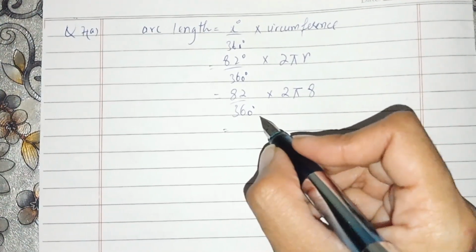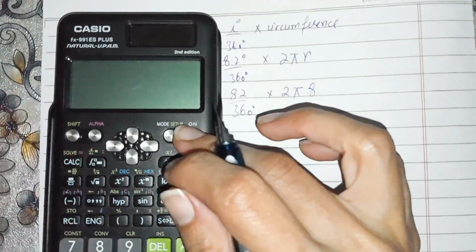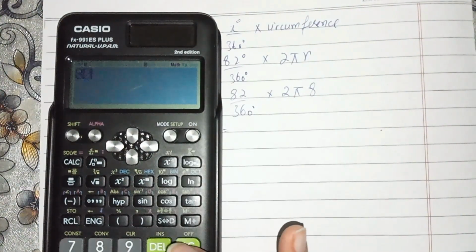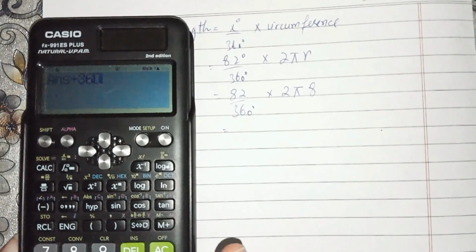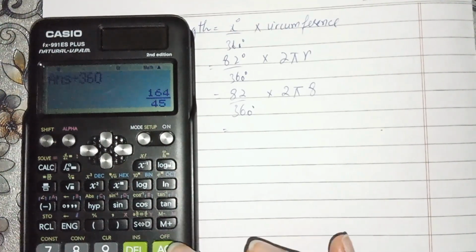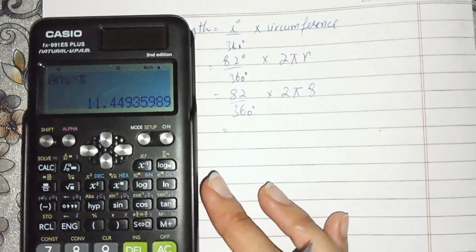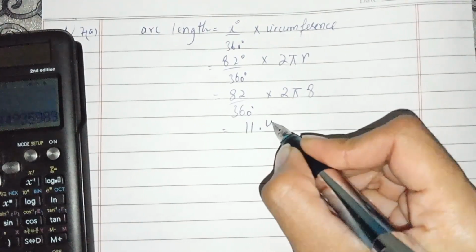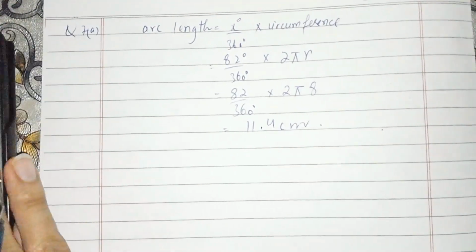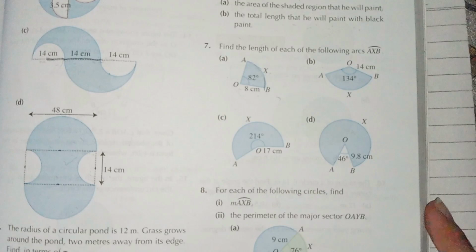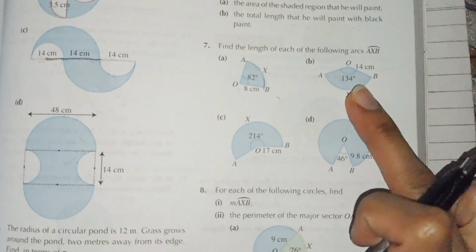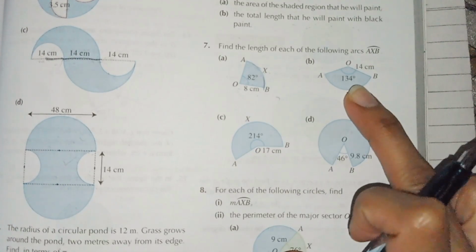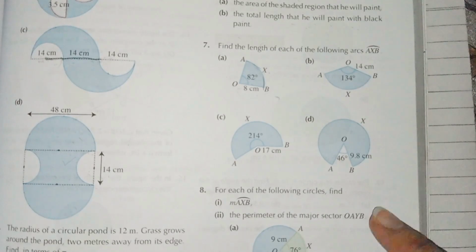Now we have to solve it. 82 multiplied by 16 divided by 360 and multiply by pi, and we get 11.4 centimeter answer. Now students, in part number B, x degree is given to us 134 degree and the radius is 14.